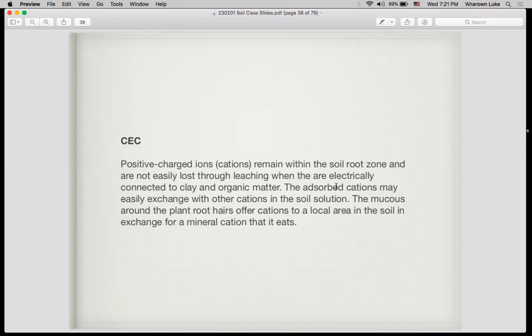And how it works is when the root is growing from your plant, it actually has mucus around the plant root hairs, and that has cations in it that release and are exchanged with the soil in a local area, so the plant can eat the healthy cations.